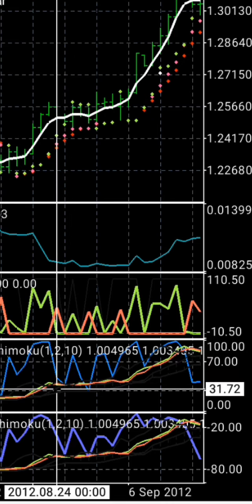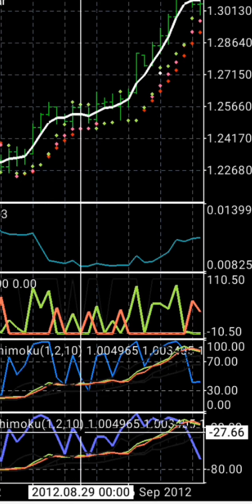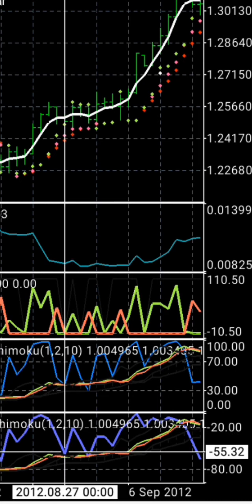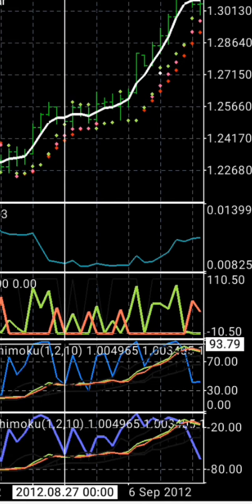Here we are seeing mainly south for the ADX. So we'll have just remained there.